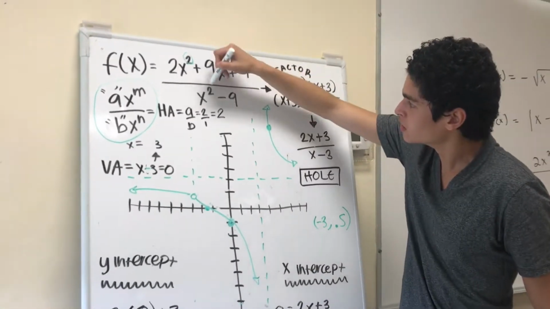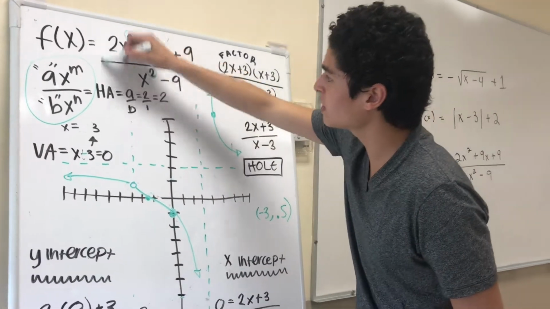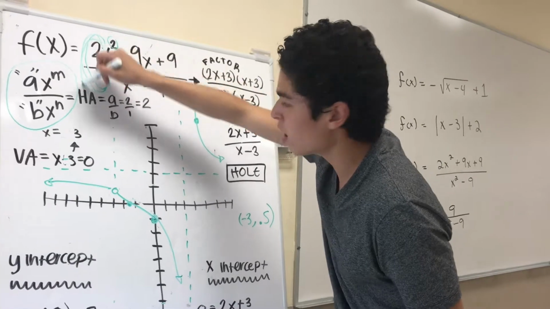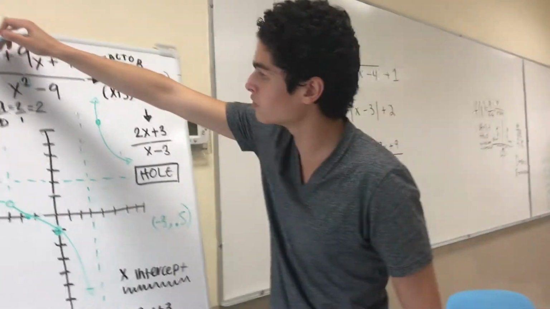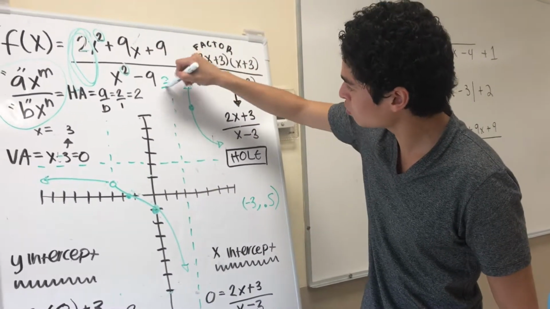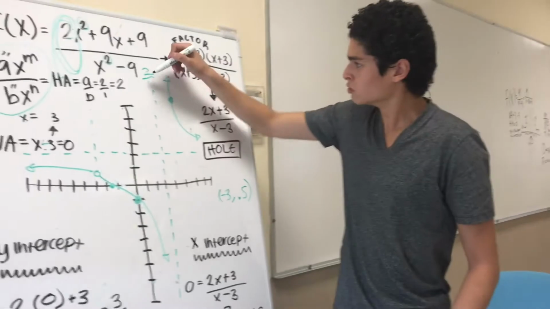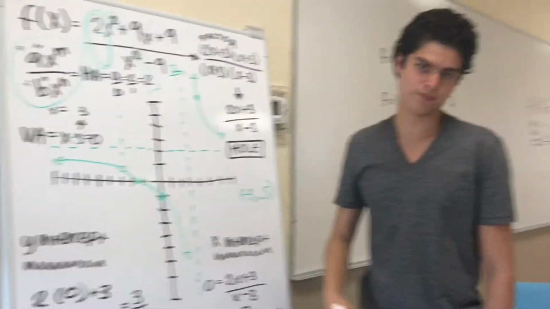If the powers are equal, it automatically becomes the numbers. So here they are the same power, so it would be 2 over 1, which means it will be 2. So the HA is 2.